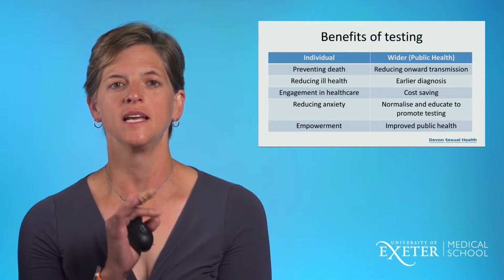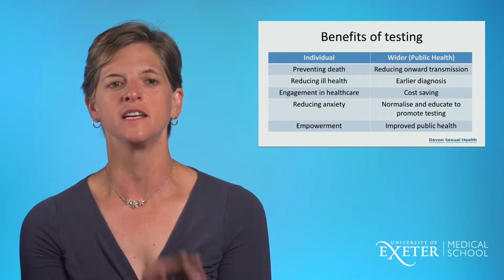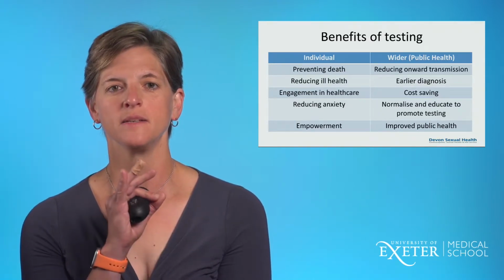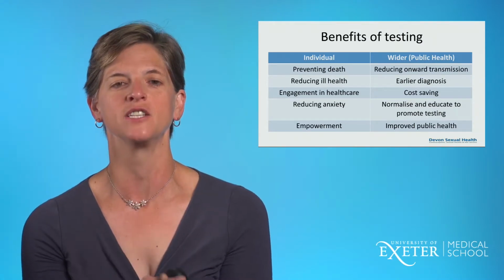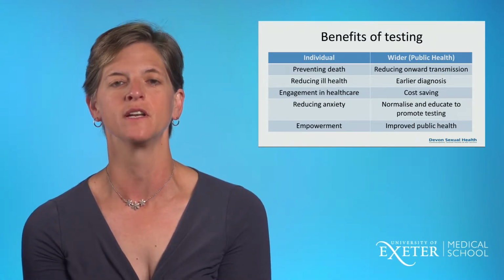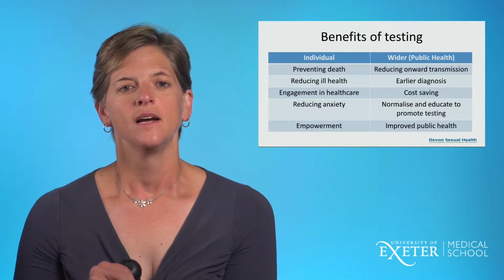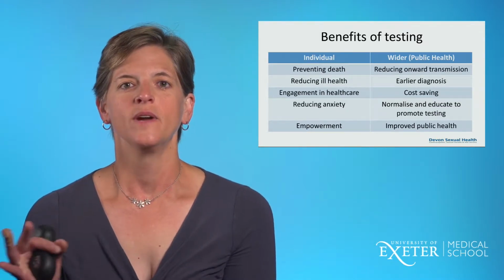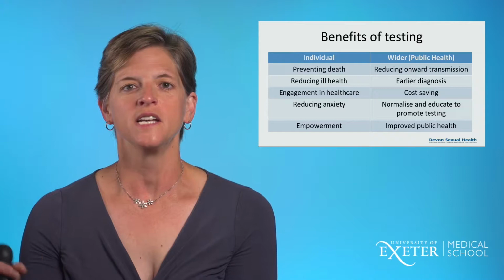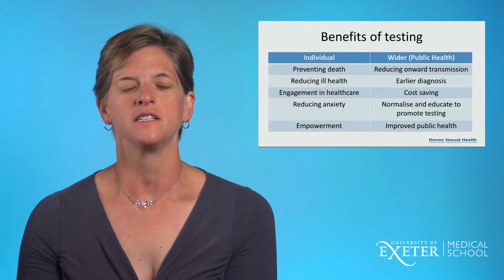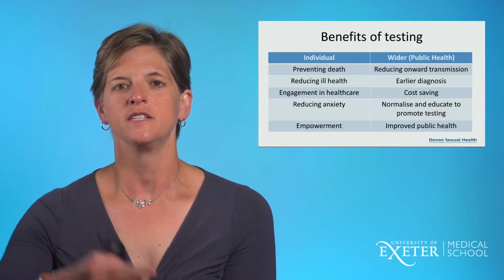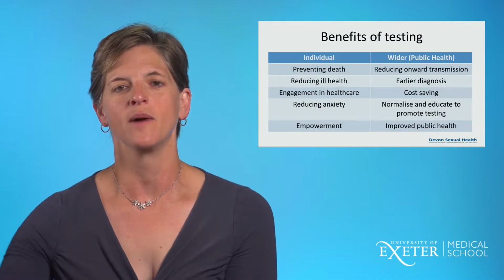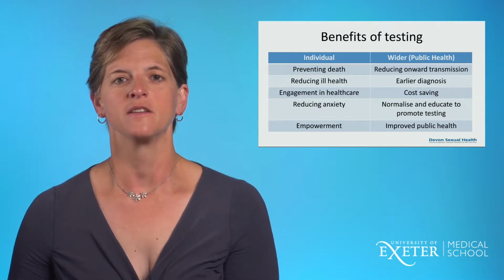So it's important to recognise that we're preventing illness and we're preventing death. So by HIV testing early, you can be saving lives. As well as that, we're really preventing other people from getting infected. So by testing that individual, they are not going to be able to go out and infect other people.